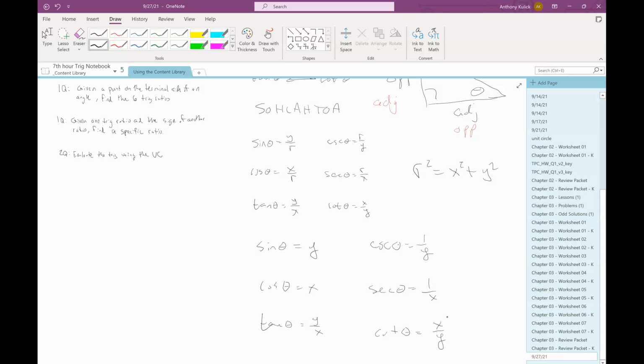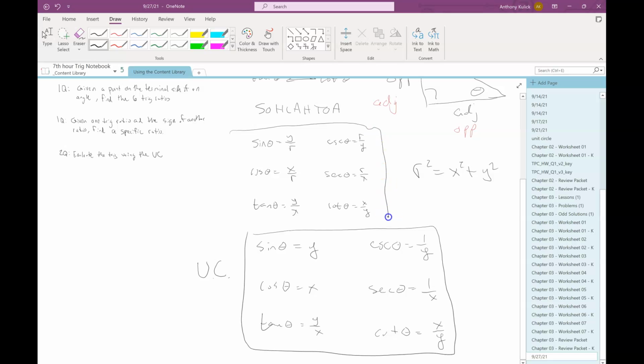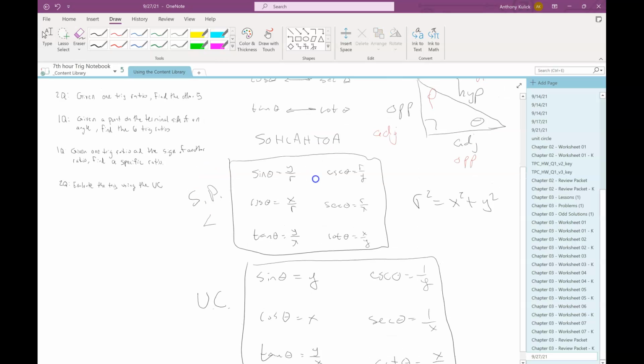Can you label that, that's for the unit circle? Also just the one with the... Sure. So this is the unit circle. This is for standard position angle.